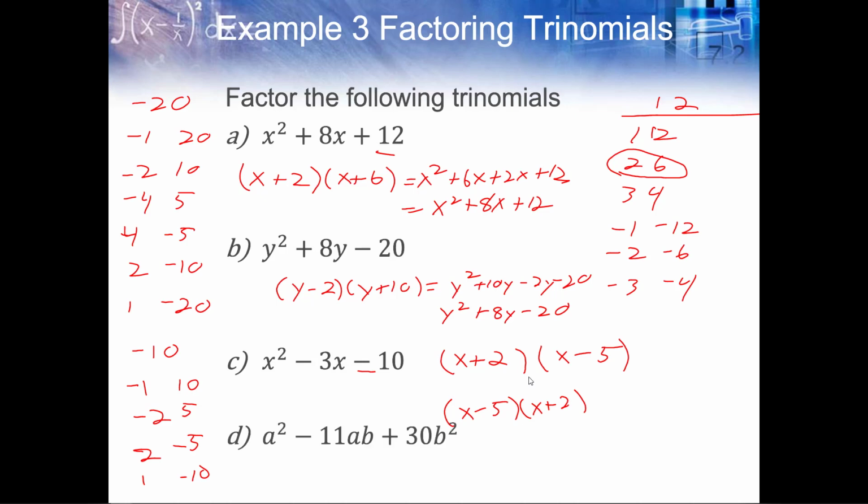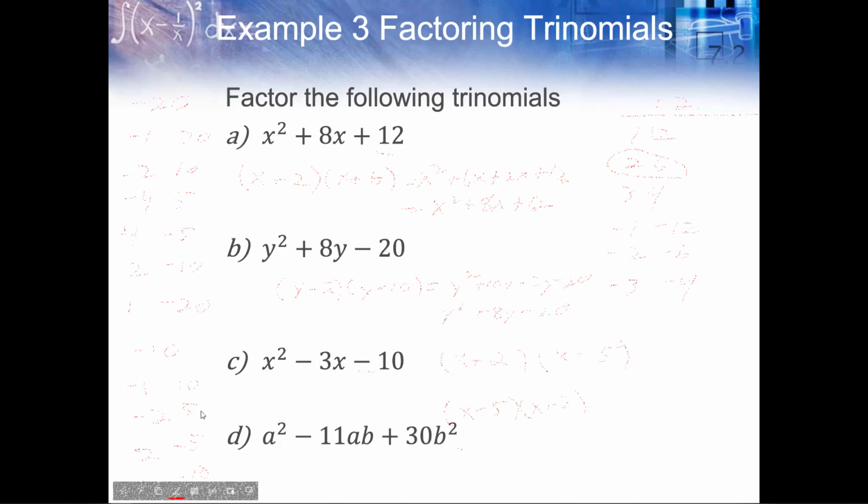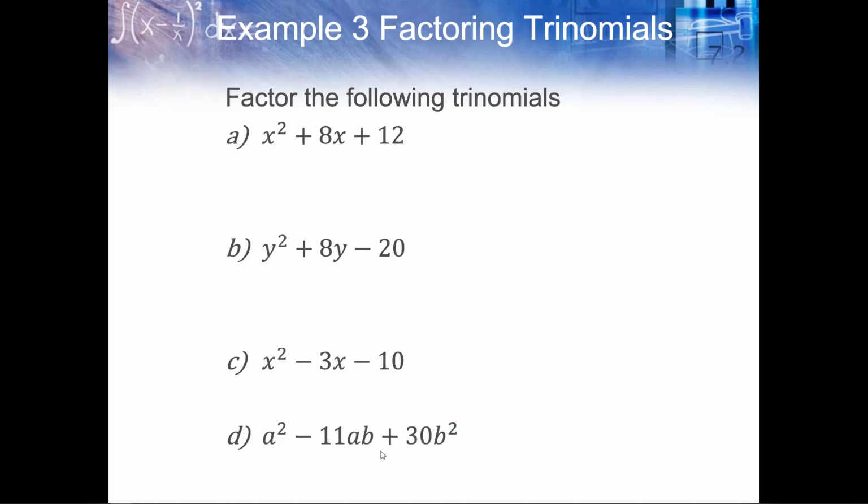And then finally, we have a squared minus 11ab plus 30b squared. Notice that I have a plus sign here and a minus sign here. So this is going to be of the form a minus something times a minus something else. But now we need to figure out the factors of positive 30b squared.